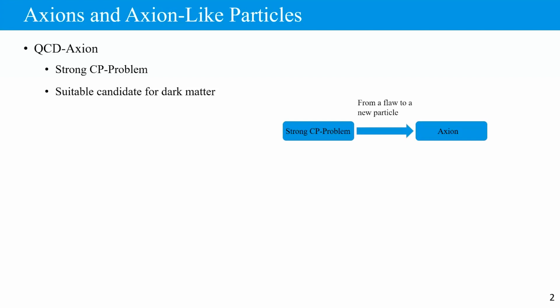This particle has very interesting characteristics. For example, they have a very weak interaction with ordinary matter, which makes them very attractive candidates for some cosmological observations, like cold dark matter. So, if those particles exist, and if we can detect them, we might have an answer to the question of what cold dark matter is made of.